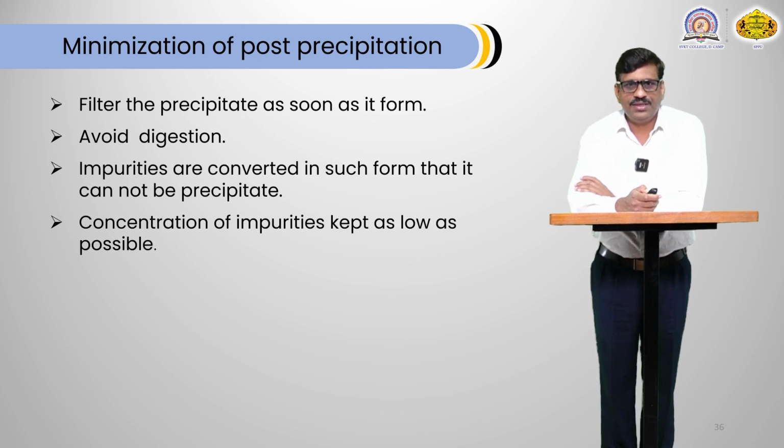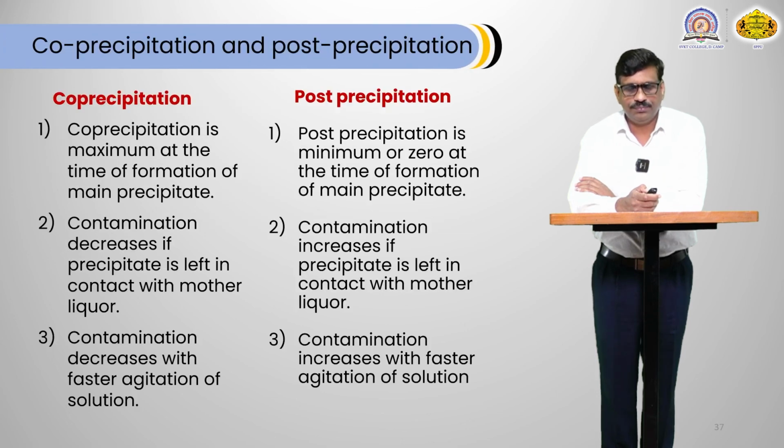Then another thing, impurities should be converted into such a form that they cannot precipitate, so that they do not take part in post-precipitation. Concentration of impurities should be kept as low as possible. This means that we have to use pure solvent as well as pure reagent for formation of precipitate. If all materials, that is all reagent and solvent, are pure, then there is no chance of post-precipitation.